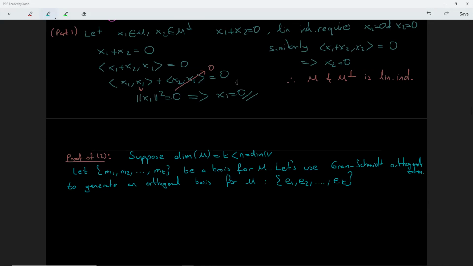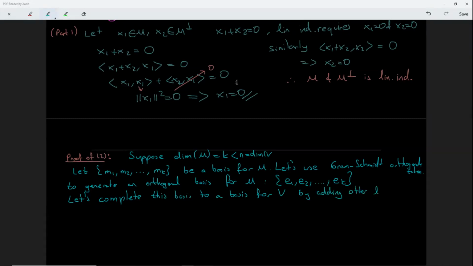So let's complete this basis to a basis for V by adding other linearly independent vectors, say m(k+1) up to mn. Okay.